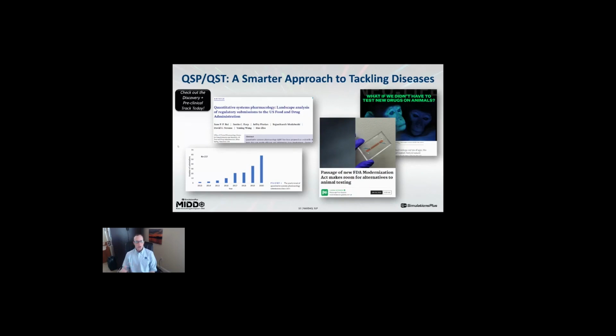And of course, as many of us know, as modelers, when you're collecting data from these complex systems, you need modeling and simulation tools to extrapolate that to real clinical situations. And so the FDA Modernization Act again represents a huge opportunity for QST as well as QSP to be the bridge between novel in vitro systems that don't require us to subject animals to testing and the clinic.